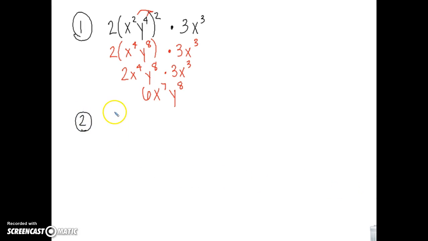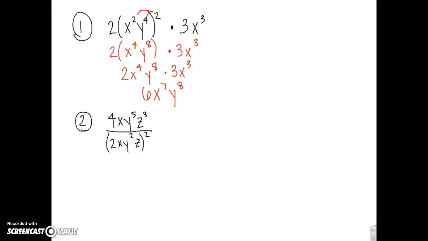Second example, we might see 4x y to the 5th z cubed, divided by 2xy squared z squared, that whole quantity squared.